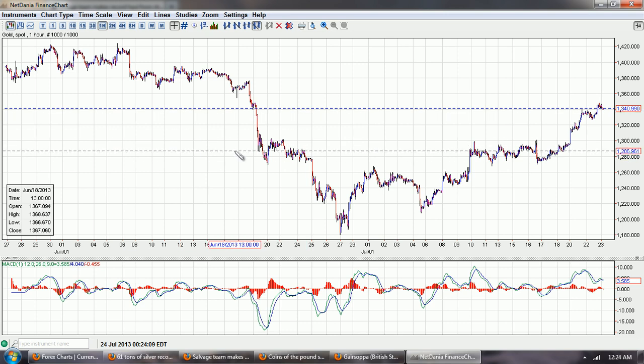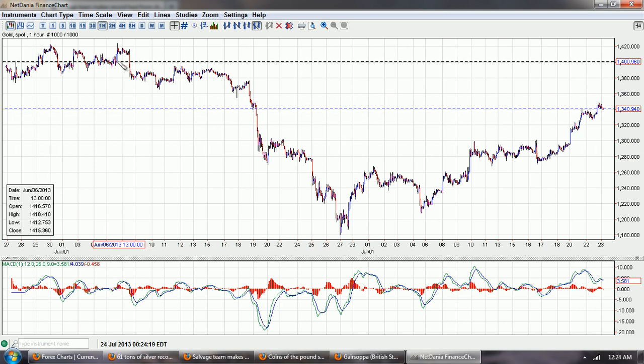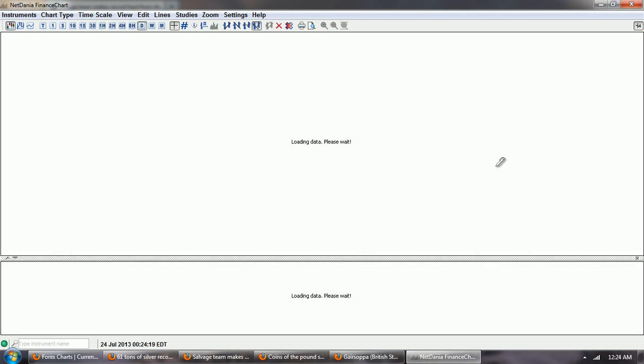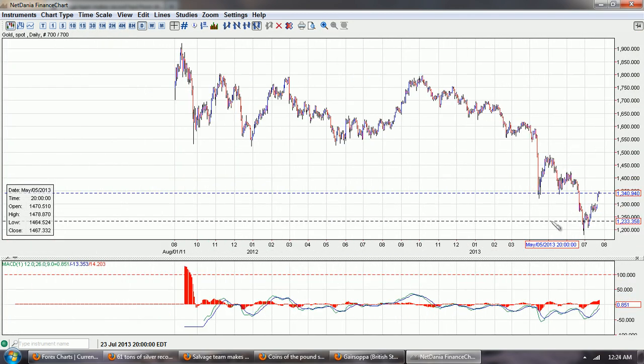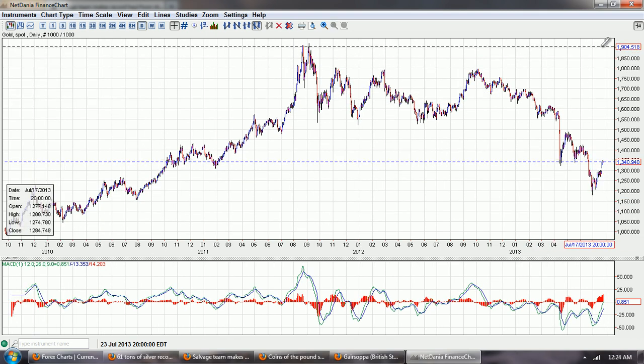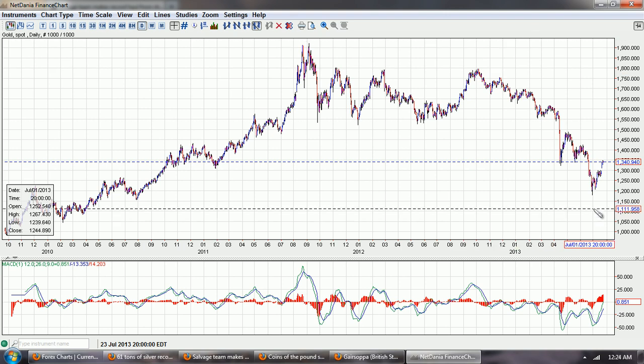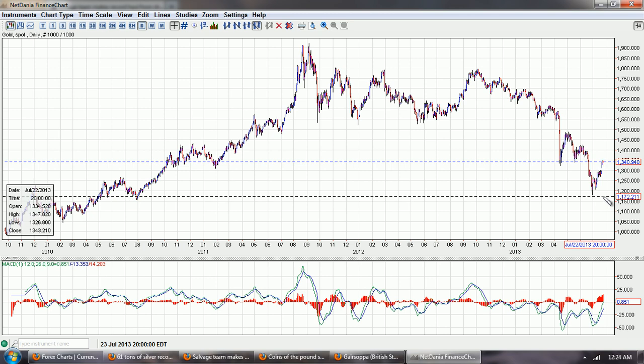We know we had all of the bears out there bashing gold. Be very interesting to hear what they have to say if and when gold recovers 50% of this decline. You can see that the decline is from, we'll say, roughly 1800 to 1200. So about a $600 decline.